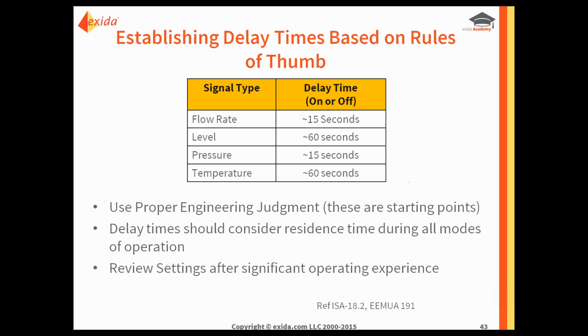And there are recommendations, again, published in the ISA standard about some default or recommended on delays and off delays. I would certainly only use these values in scenarios where this is required. Typically what I see in most alarm philosophy documents is that these on delays and off delays are set to 0 unless required by the situation.